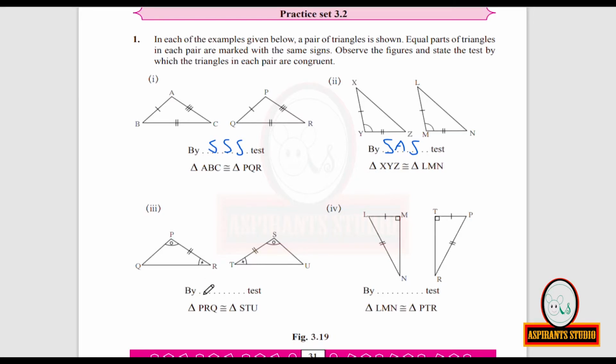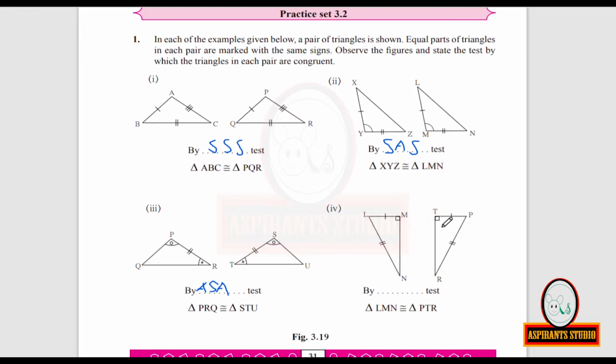So here triangle PRQ is congruent to triangle STU by ASA test. You write ASA test. Now coming to the fourth one.